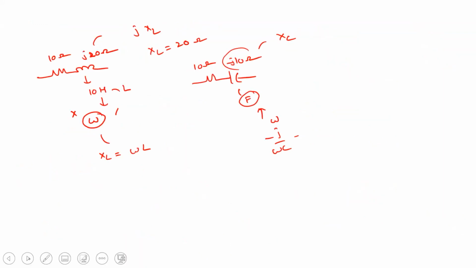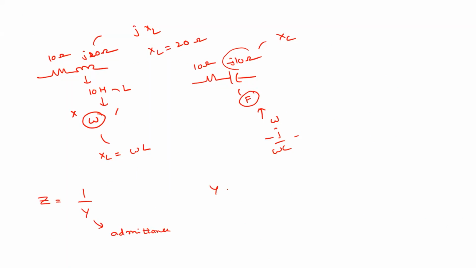Sometimes, instead of this impedance Z, we can deal with its reciprocal, that is 1 by Z. The reciprocal is known as admittance.